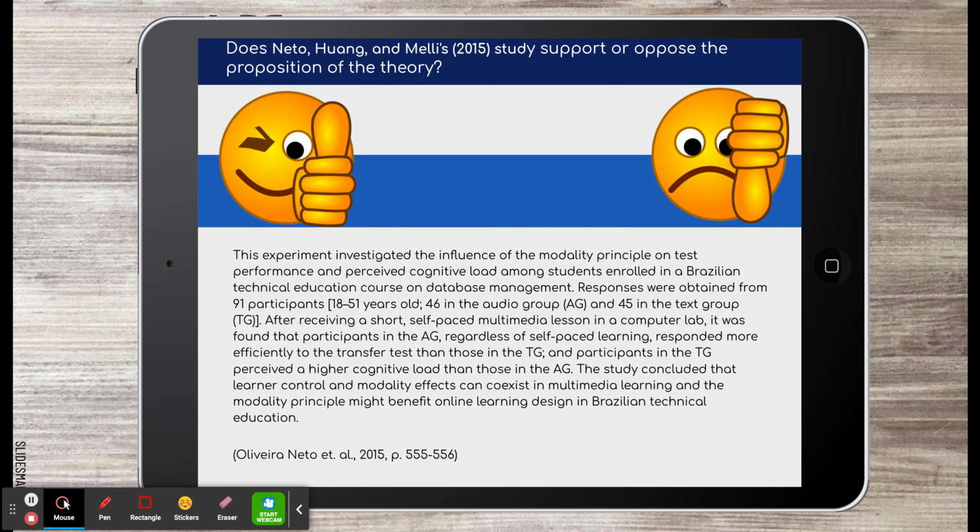The audio group actually outperformed the text group, which goes along with the idea of spoken words rather than just text. The audio group responded more efficiently to the transfer test that they had at the end. So the study concluded that learner control and modality effects can coexist in multimedia learning, and the modality principle might benefit online learning design.